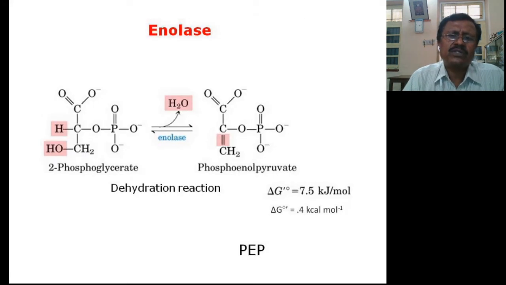The ninth reaction of glycolysis is catalyzed by the enzyme enolase. It catalyzes the removal of a molecule of water from 2-phosphoglycerate, resulting in the formation of an enol phosphate, that is phosphoenolpyruvate. This PEP that is formed in this reaction is a high energy compound.